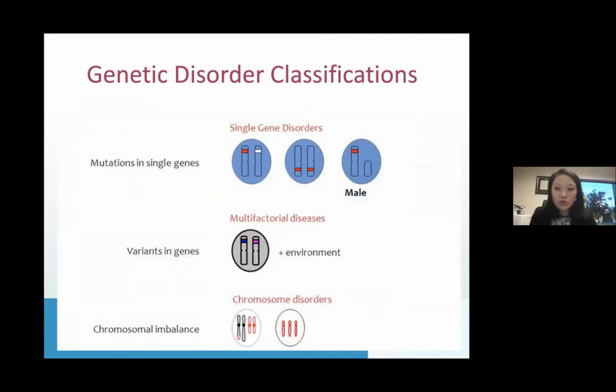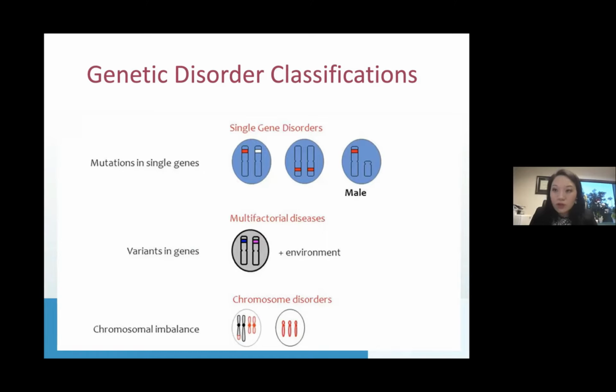So to just take this as a very preliminary understanding of genetic disorders. Classification of these genetic disorders include single gene mutations, so whether it's an autosomal dominant disorder, autosomal recessive disorder, or sometimes in the case of males, an X-linked disorder; variants in genes, so having multiple genetic abnormalities with interaction with the environment, leading to different phenotypes; and then of course chromosomal imbalance.